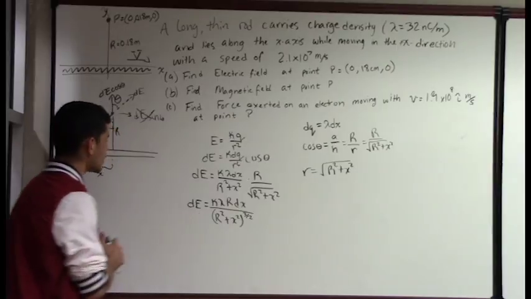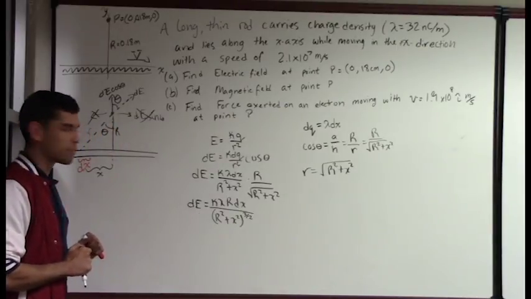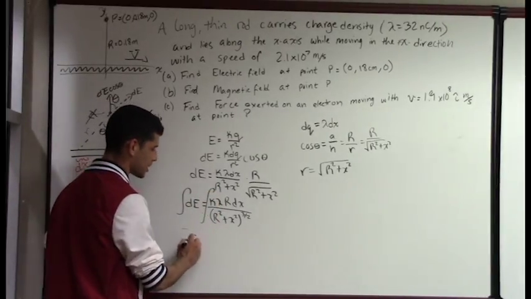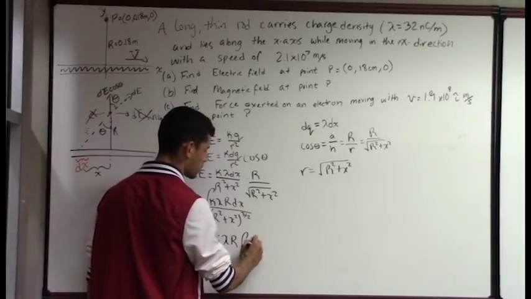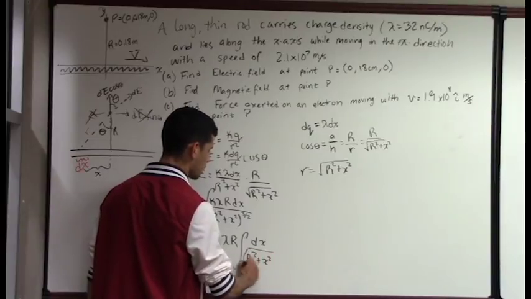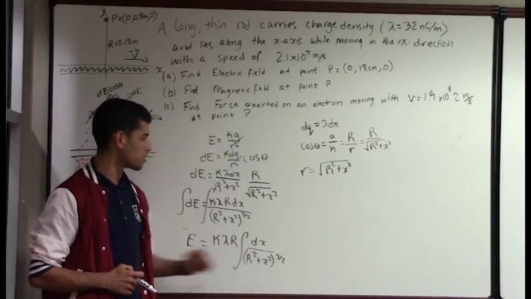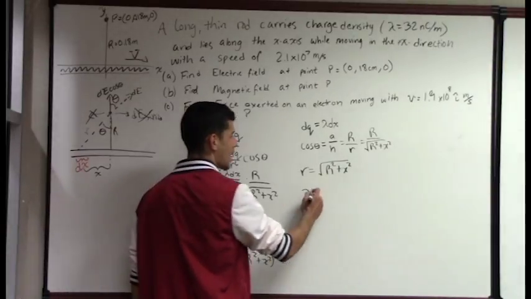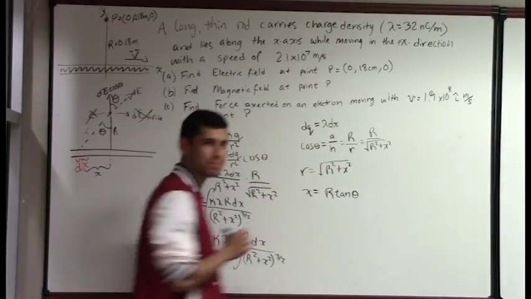Now we can find the electric field caused by all the points along the length of this wire by taking the integral of both sides. The integral of dE is just E. Pulling out our constants, we have k lambda r times the integral of dx over r squared plus x squared to the 3/2. When we see a squared variable inside of a square root, we think trigonometric substitution, where we can set x equal to r tangent of theta.